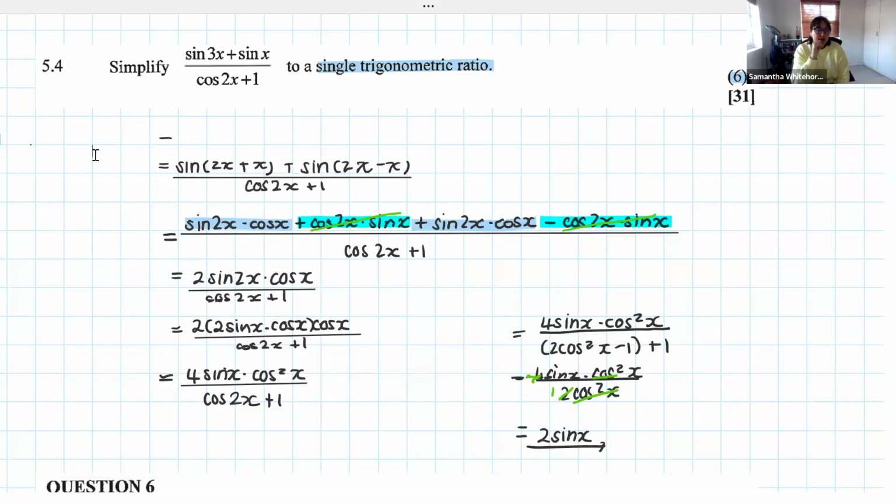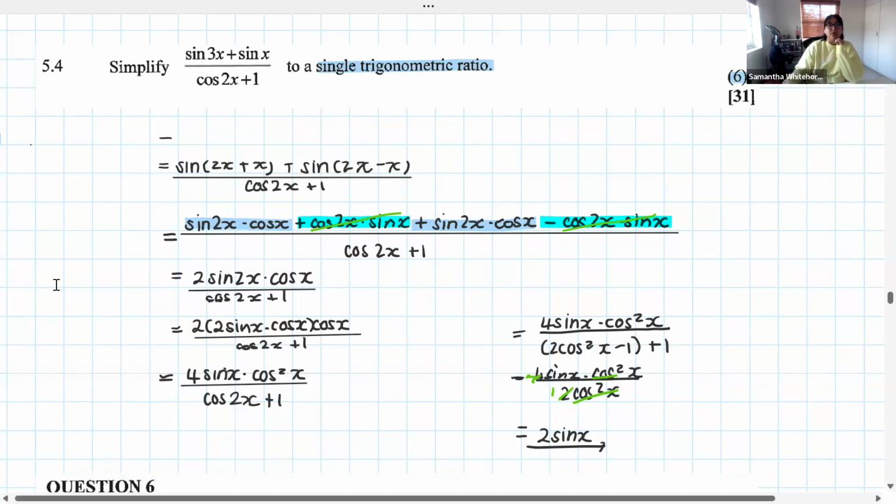I knew that I had to use compound angles for the 3x and the sine x, because the only way for me to get angles that look the same is to then use compound angles. In the denominator, I had a 2x, that's a double angle, it's got a whole set of rules, but 3x and x don't. So if I can maybe create a 2x somewhere, then I can start applying rules that I know. Right?